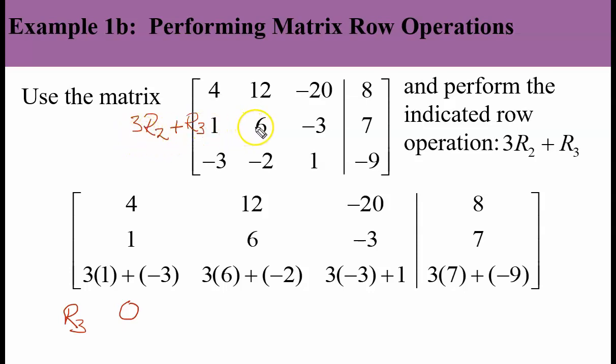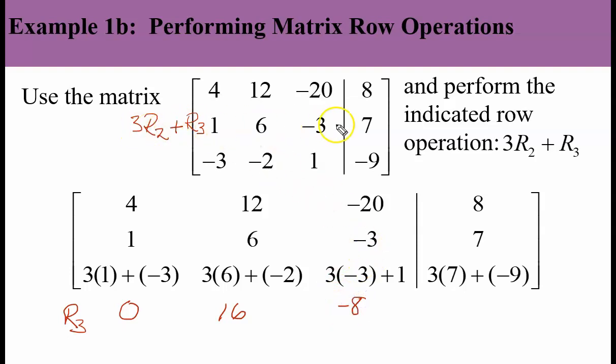So 3 times 6 is 18. Minus 2 gives me a 16 now. 3 times a -3 here, -9, added to the third row, 1, -8.